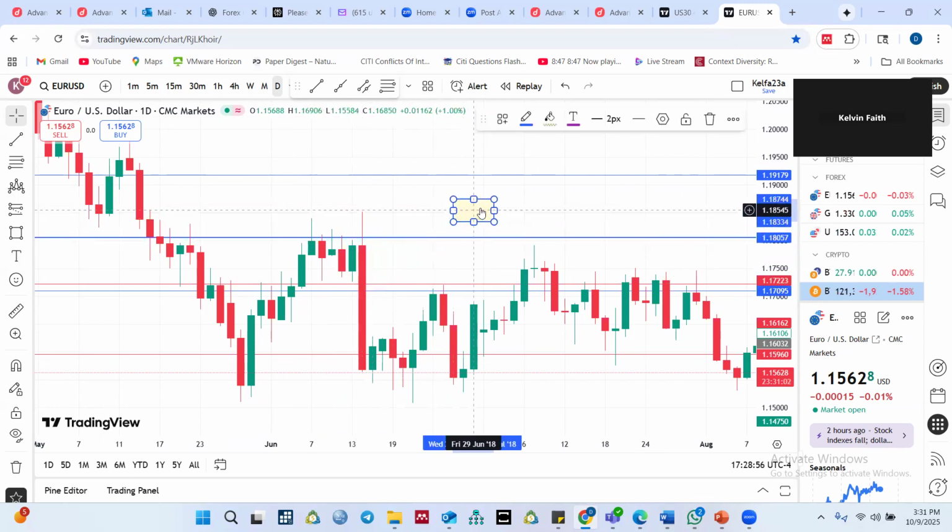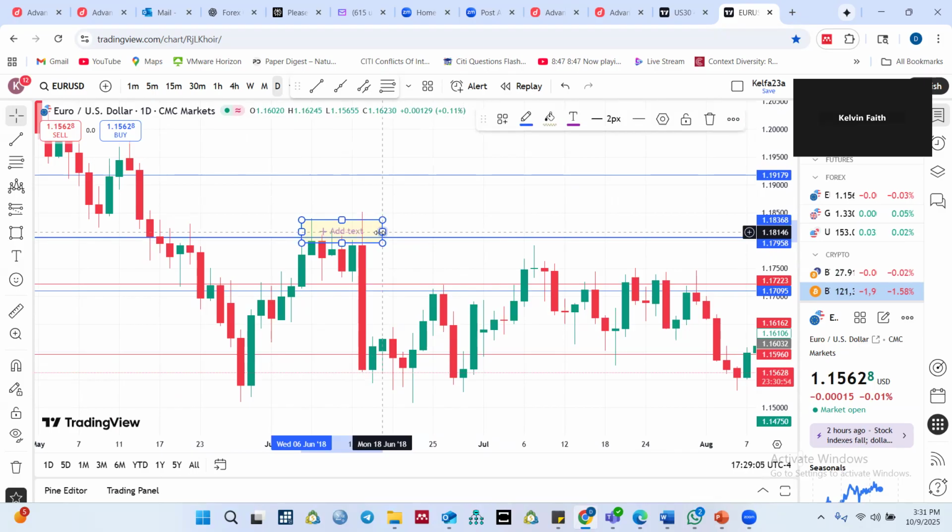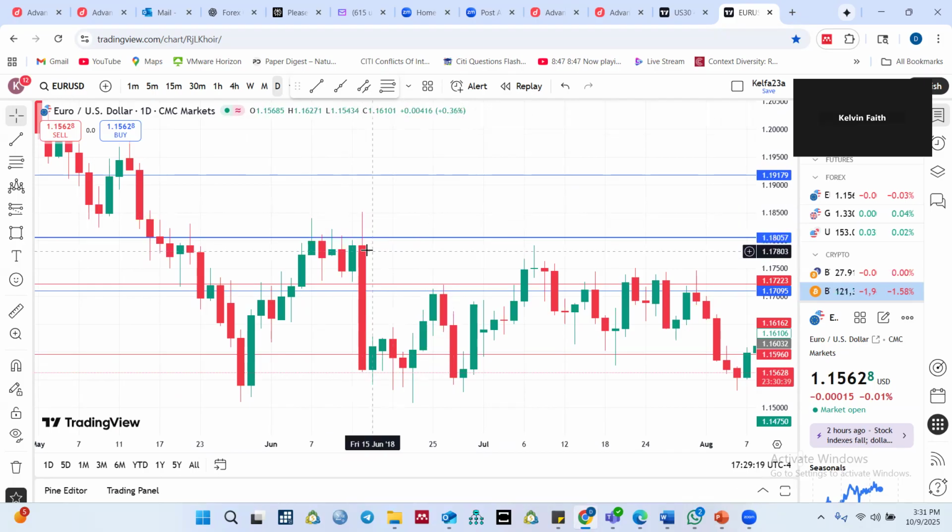What is the meaning? This place is acting as a ceiling, like the ceiling of your house, pushing or crashing price down. So buyers want to take the price up, but the sellers are pressing the price down. This is what we call resistance. But you can notice that price exactly on the blue line drops.